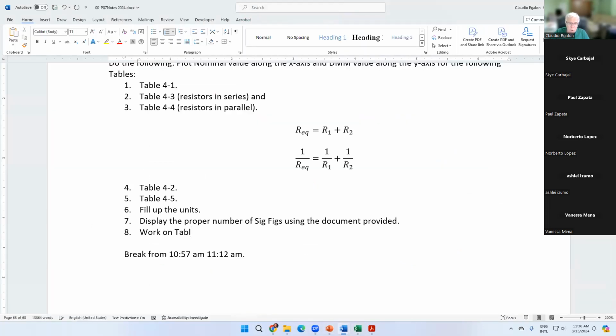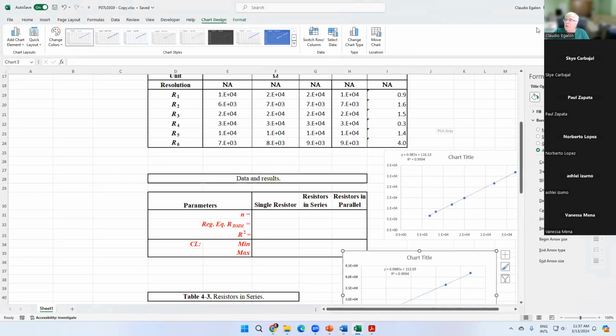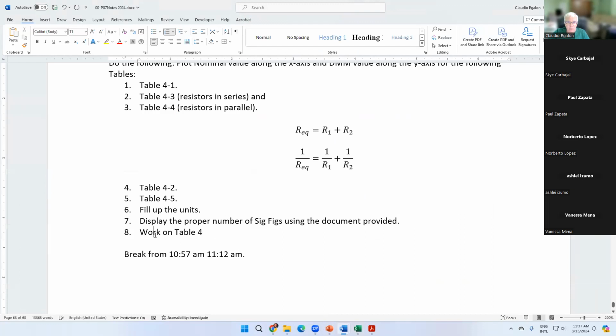Work on table 4-2. Yeah, that's 4-2. Finish table 4-2 for CL. Okay. Next, the report for this lab is due March the 20th, 24, next week.